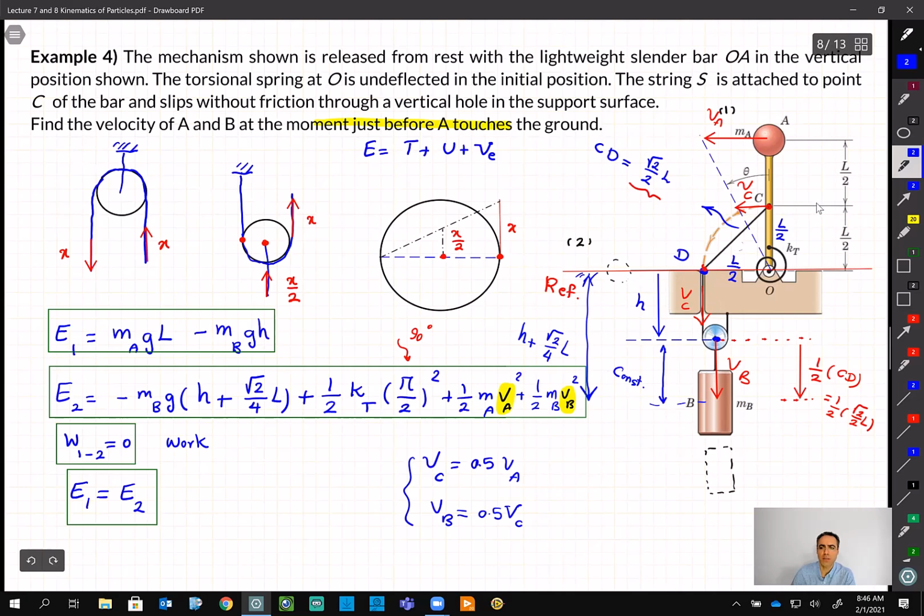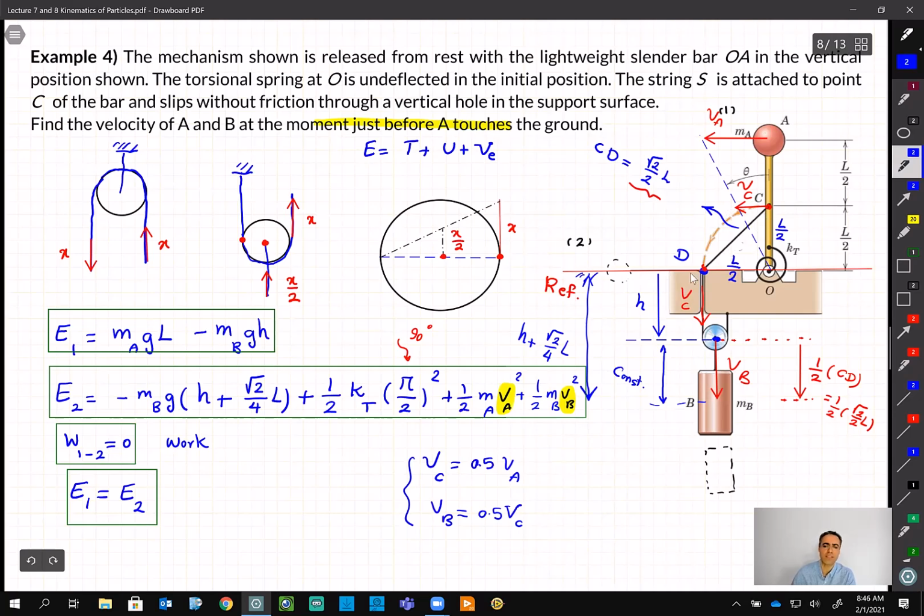So the first part seems straightforward. We have a triangle. In this triangle, this point C is halfway between O and A. So whatever amount point A is moving, point C is going to move half of it. And point C is attached to this string.